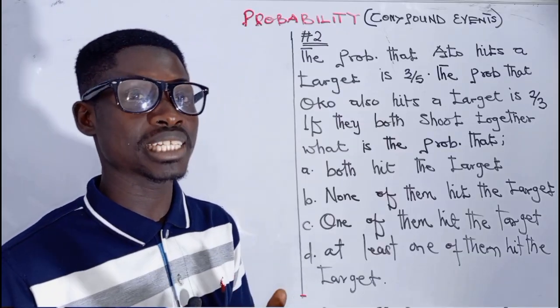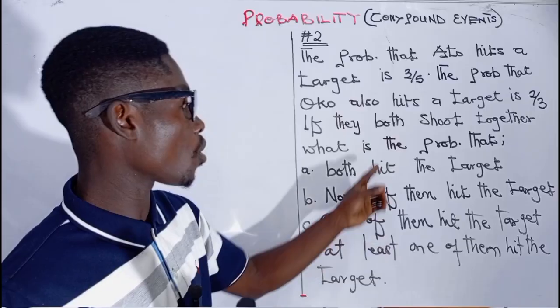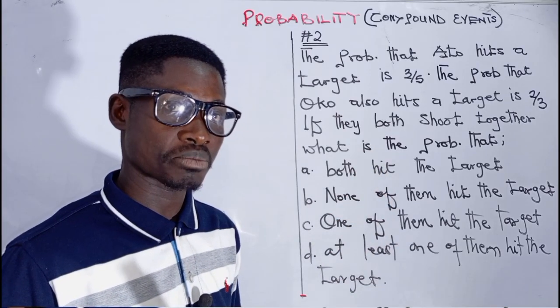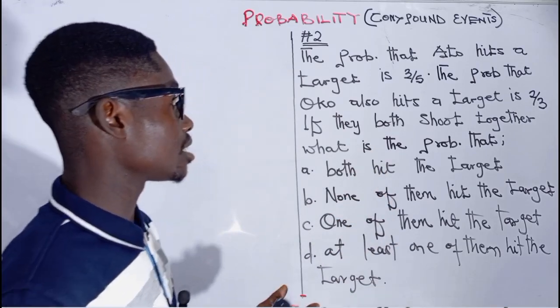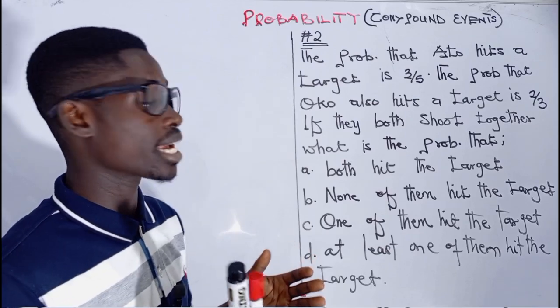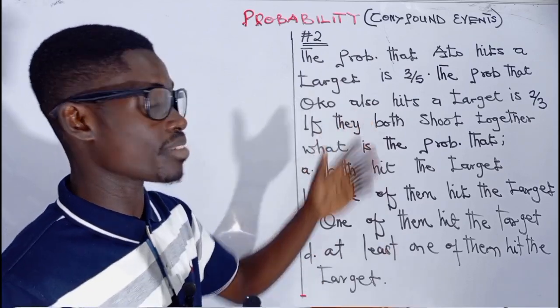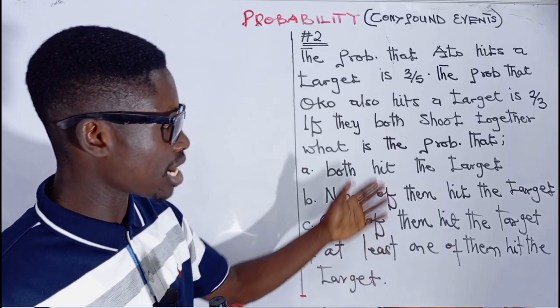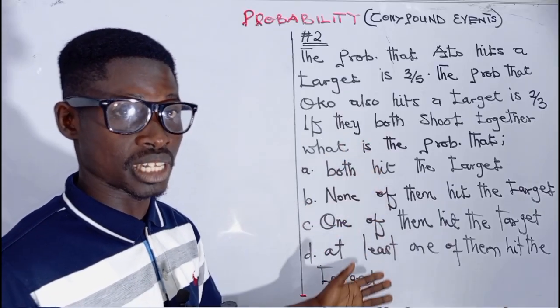So we want to find the probability of all of these events.